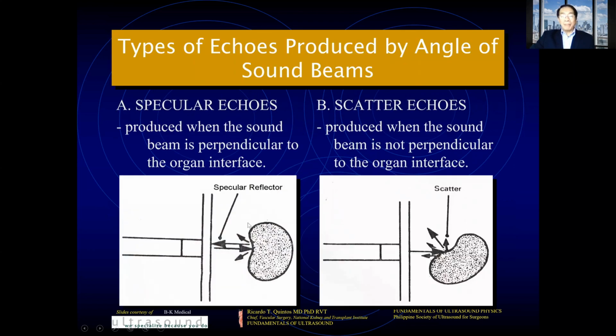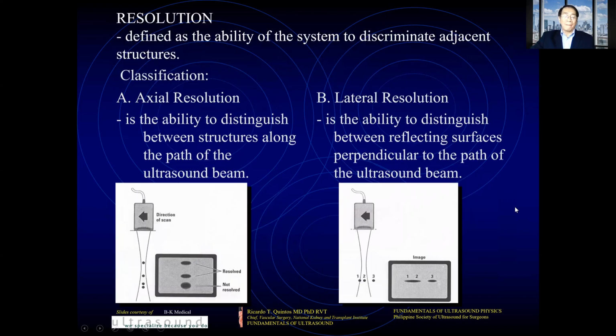Because if they are not perpendicular to the direction of the waveform transmitted and reflected, then you will have a lot of scatter, and you will only be able to capture very weak signals. And there is going to be a great degree of attenuation in your reception of the reflections and echoes.